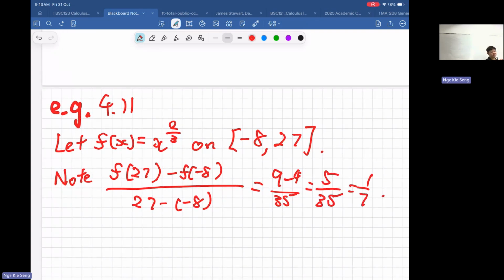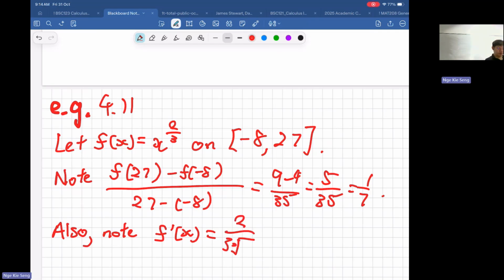Okay, so let's see if we can find a point that solves this. To do that, we also need to compute the derivative of f. If we compute the derivative of f, what is it? It is 2/3 times one over the cube root of x.